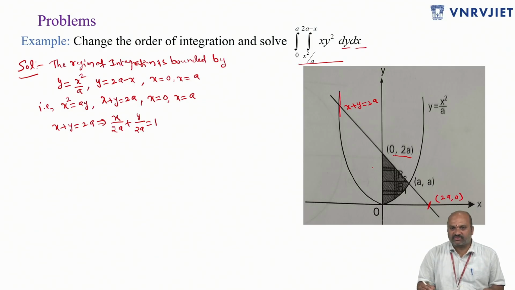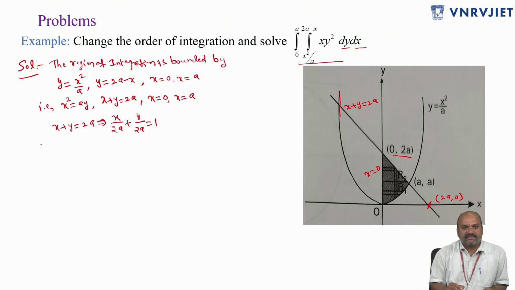And this is x equals 0. Here is the intersection point of the parabola and the line x plus y equals 2a. First, let's determine the intersection point. Substitute y equals 2a minus x into y equals x square divided by a.